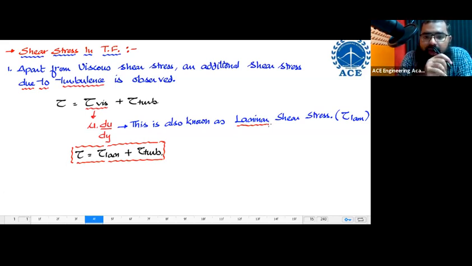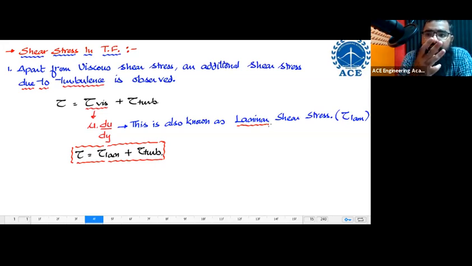But the problem arrives in tau turbulent. Tau turbulent does not have a defined formula. So now we have to define some formula for tau turbulent. This headache of defining a formula for tau turbulent was taken by some people.